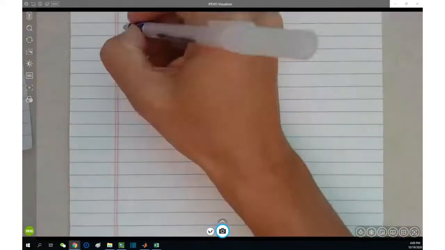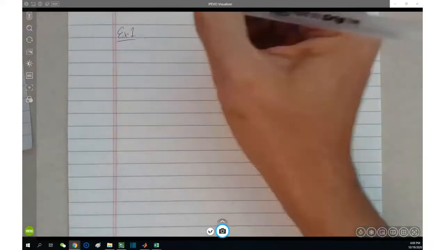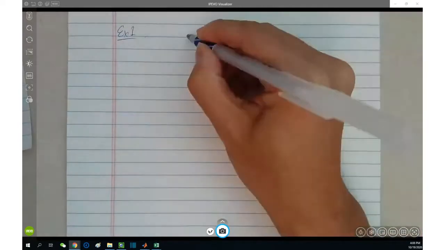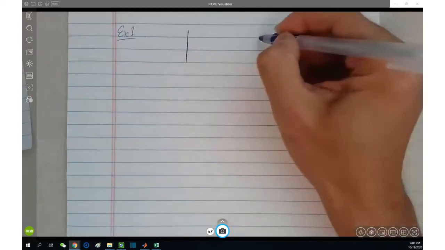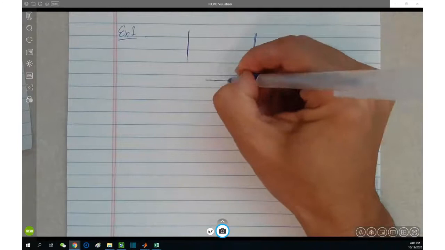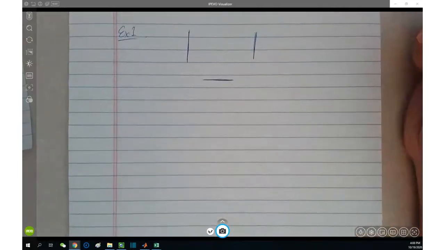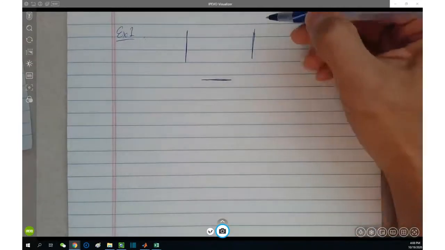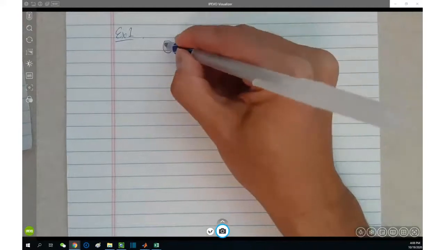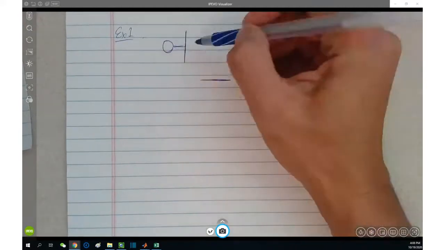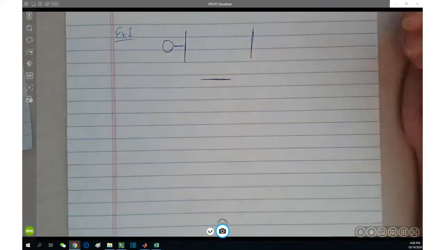Example: a 3 bus network. So what does this mean? This means a generator. So this bus is a source bus.